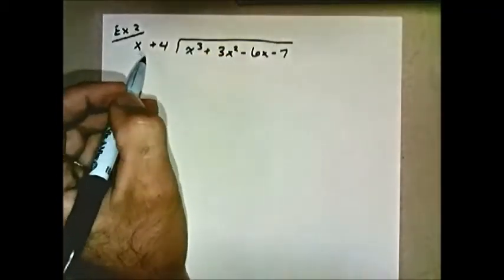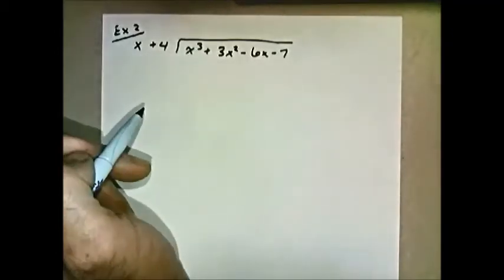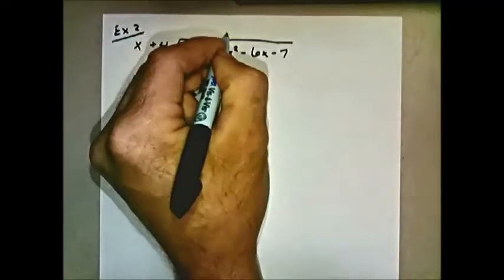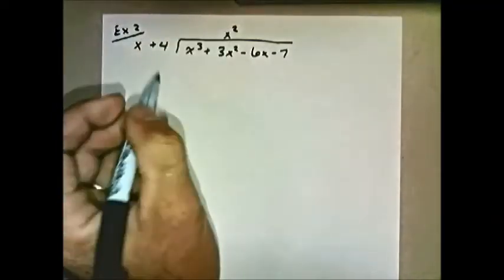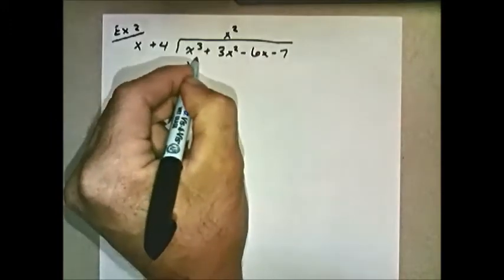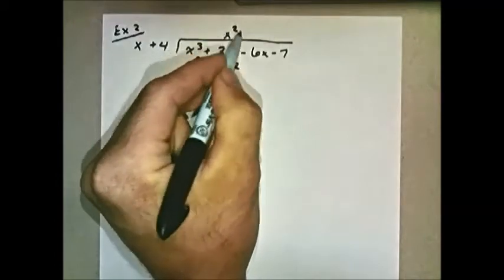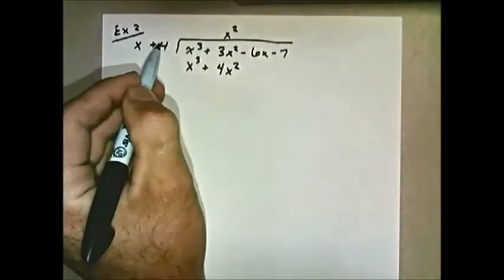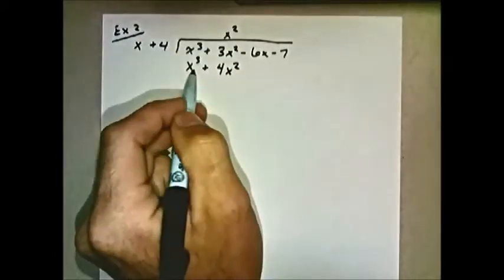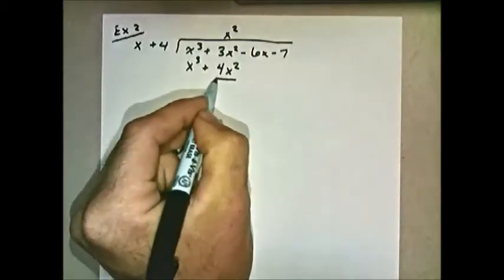We're going to ask ourselves the same question. What times x gives us x to the third? And that is x squared. x squared times x plus 4 gives us x to the third plus 4x squared. So we're taking this term, multiplying to each of these two terms, placing it below what we're dividing it into.